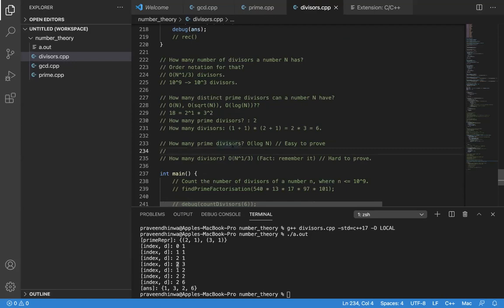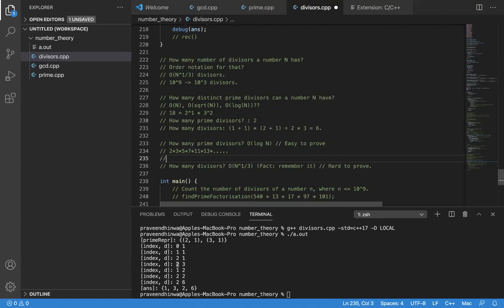So let's do this part. Why are there only log n prime divisors? Do you get this part? Why can't there be more than log n divisors? Because you are writing your number as a product of 2, 3, 5, 7, 11, 13, and so on.